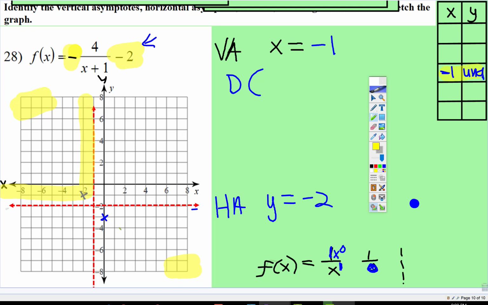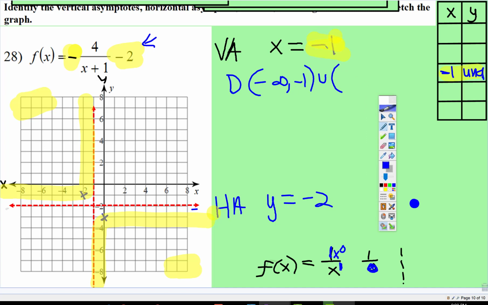And then on this side, we're going to be really close to 0, and we're going to turn. Oh, I'm sorry, not 0. We're there at -1. Normally you would be at 0 when the asymptote's at 0, but the asymptote's now at -1. So for the domain, you just use the asymptote value.